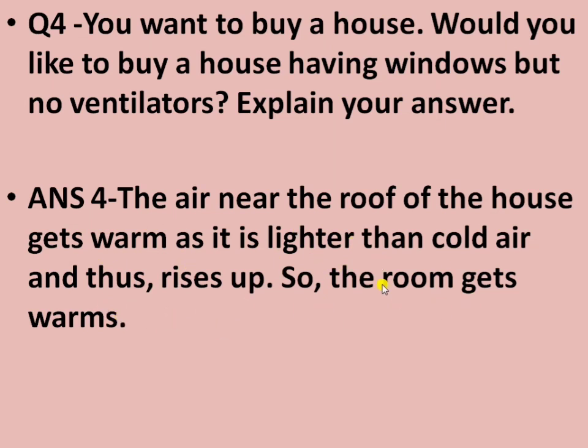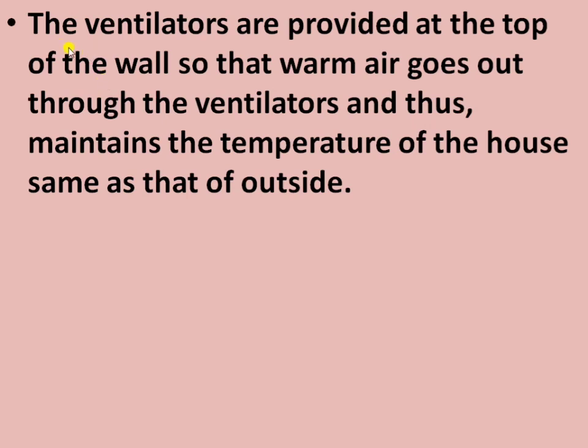So the room gets warm. Ventilators are provided at the top of the wall, so the warm air easily goes out through the ventilators and thus maintains the temperature of the house the same as outside.